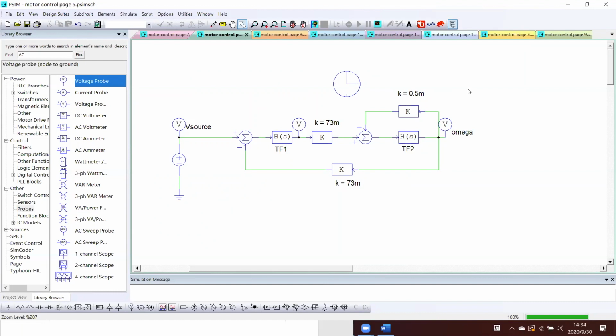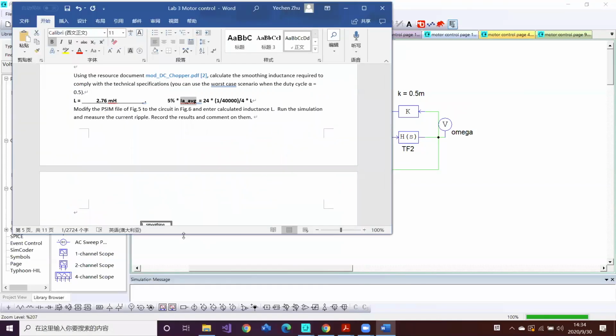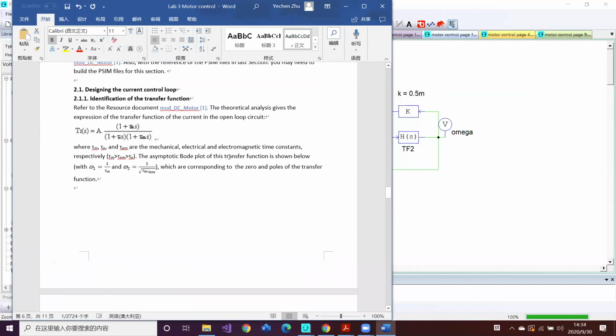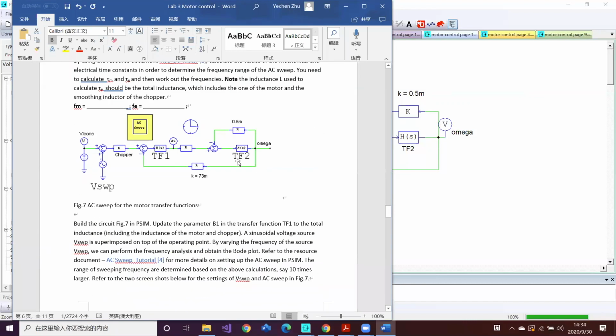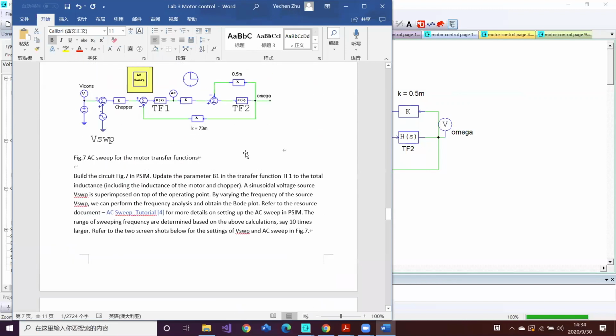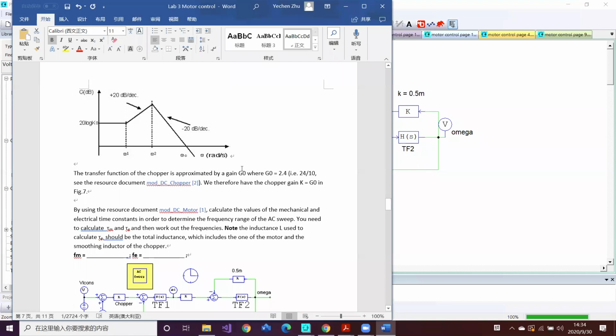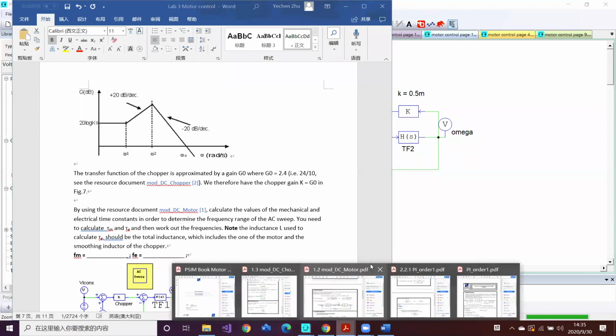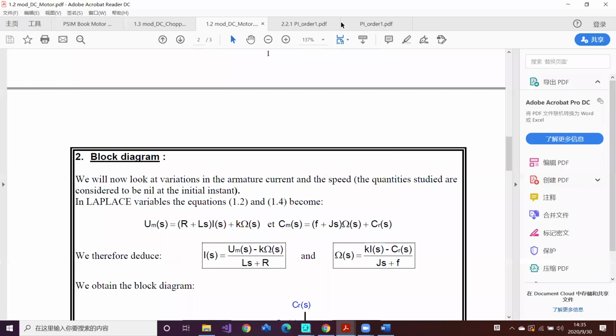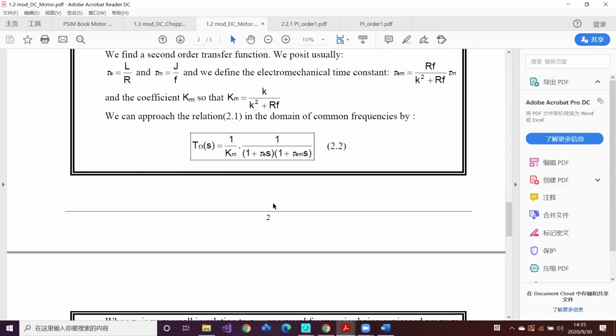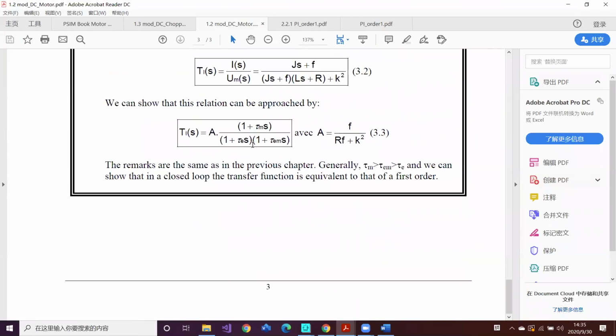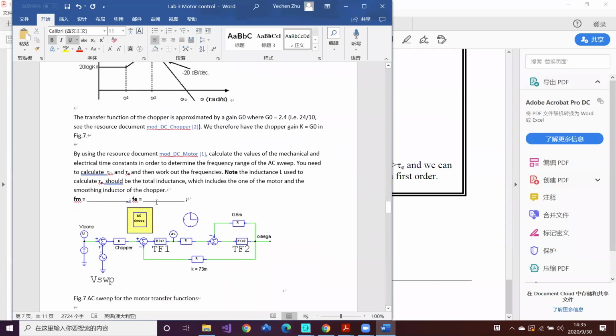You first have to read your lab notes, the whole of page 6 to page 7, and use the lab notes to find the equations to calculate your tau E and tau L. You need to fill in these two blanks to finish the control loop.